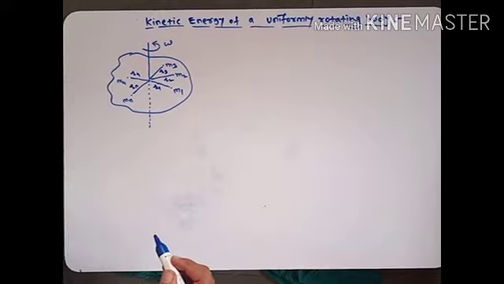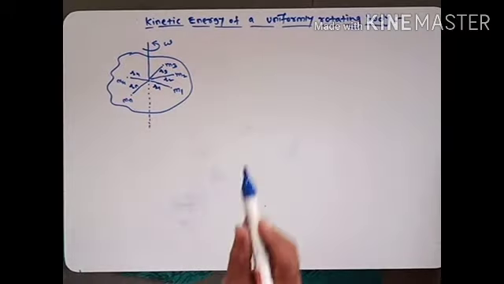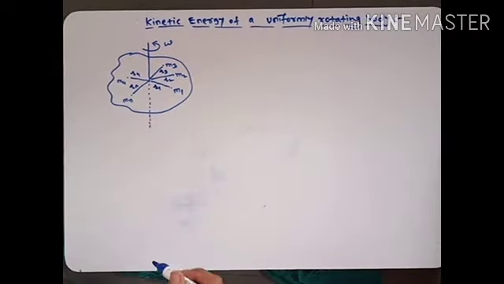Now we have to obtain the kinetic energy of this uniformly rotating body. Uniformly rotating body means its angular speed must be constant.